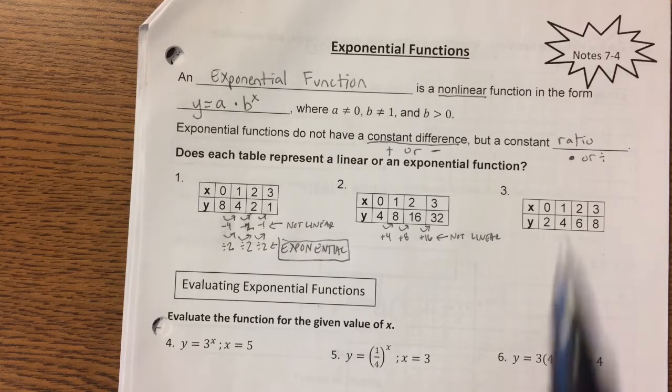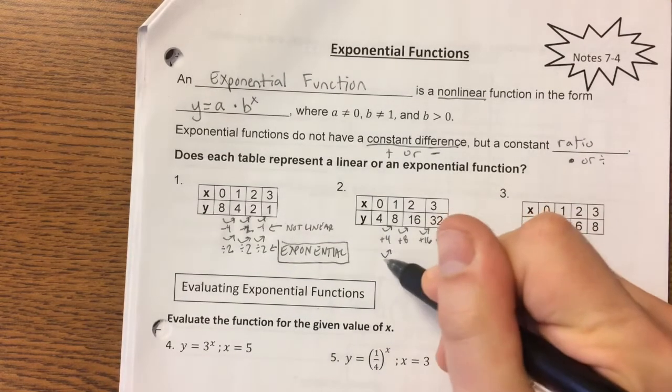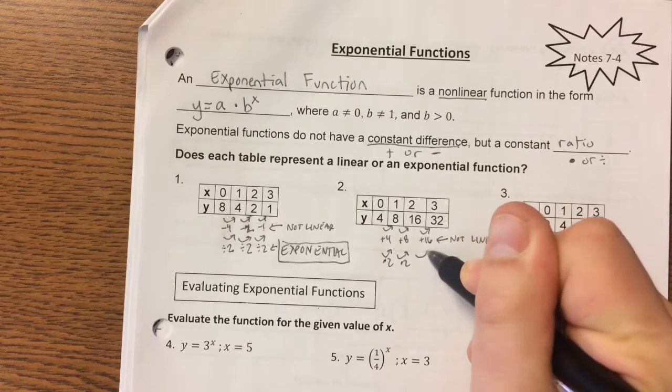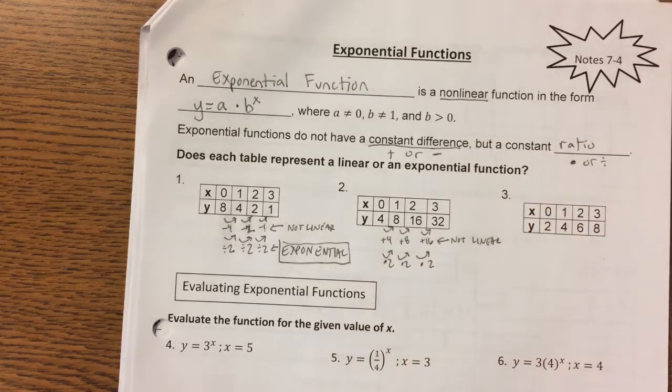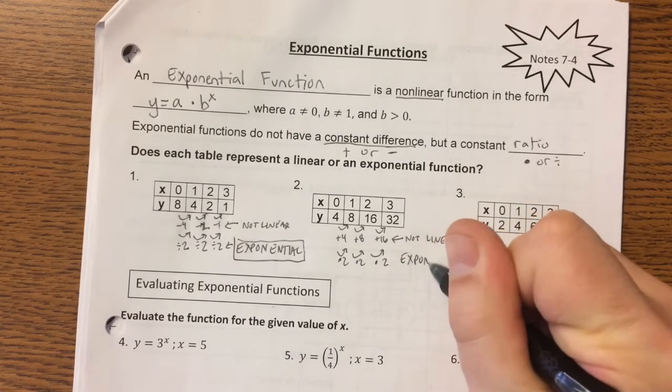Let's check to see if it's exponential. How do I go from 4 to 8? Times 2. Times 2 will get me to 16, times 2 gets me to 32. So is the ratio constant? Am I multiplying or dividing by the same number? Yes, so we say this is exponential.